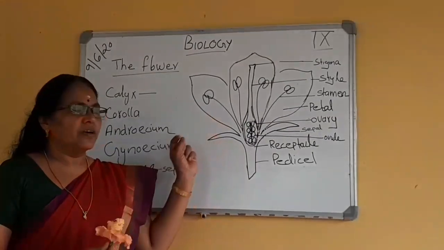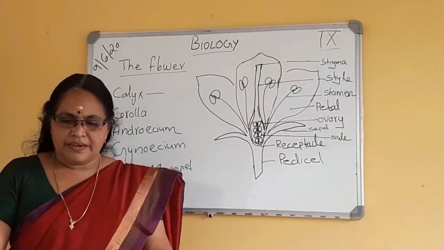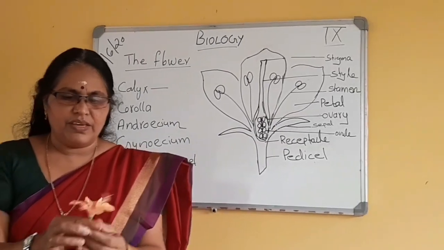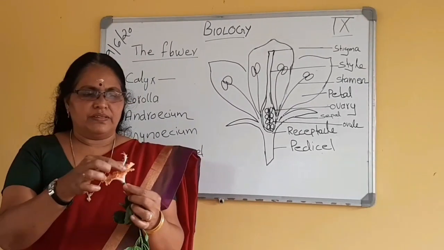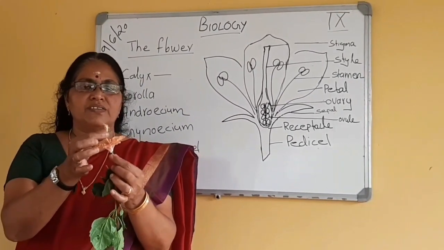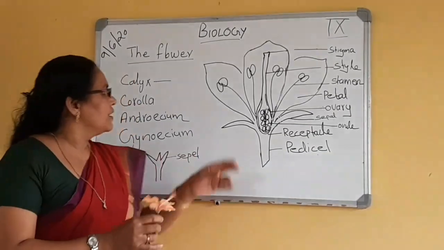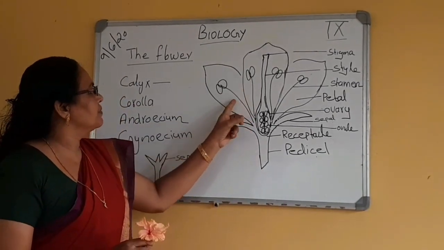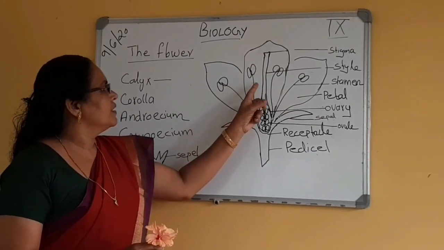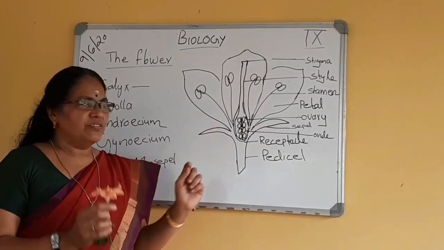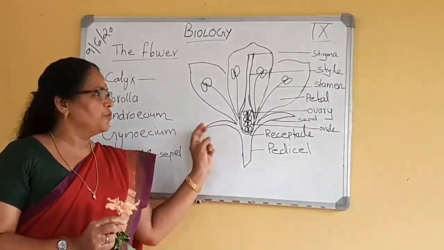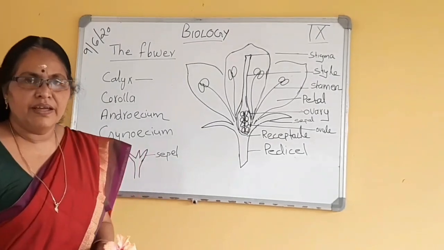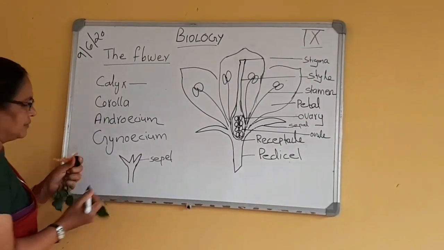Then the next whorl of the flower, that is the androecium. Here you can see the androecium. Androecium consists of stamens. Each stamen consists of two parts, a filament and an anther.